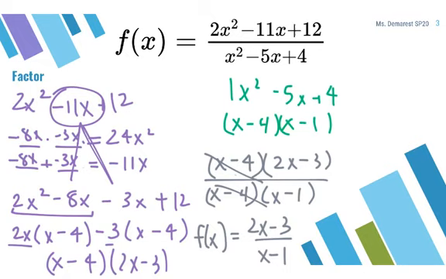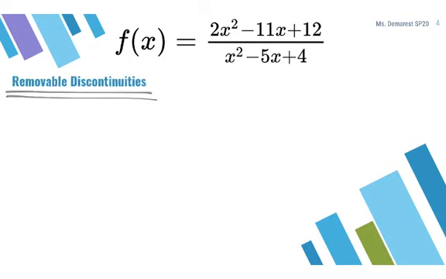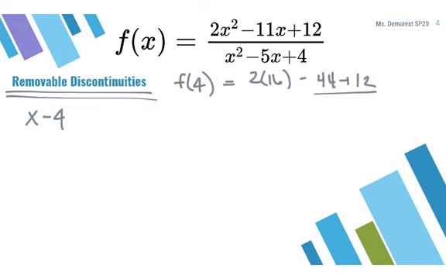So now that we have that, we can find our removable discontinuity. We canceled x minus 4. And what that means is if I were to plug 4 into my old function, that would be 2 times 16 minus 44 plus 12 over 16 minus 20 plus 4, and that's going to be 0 over 0, right?